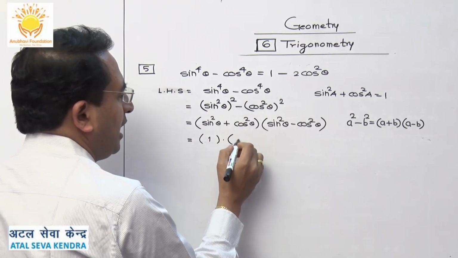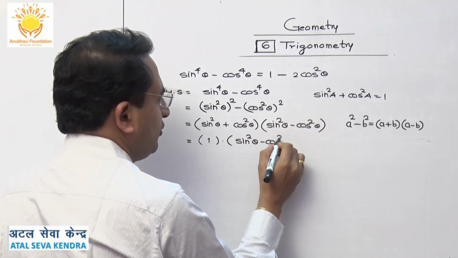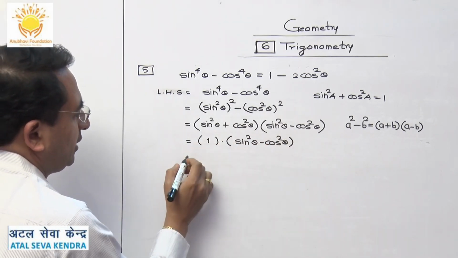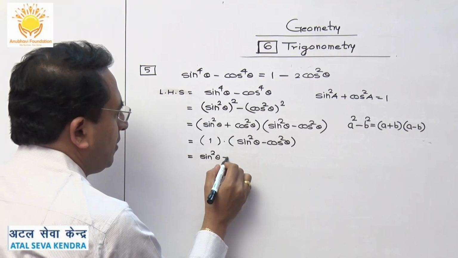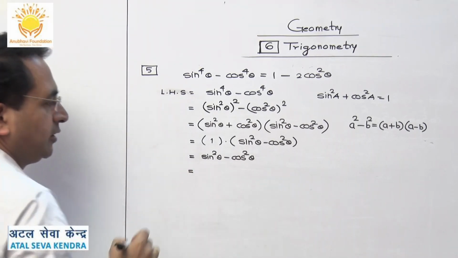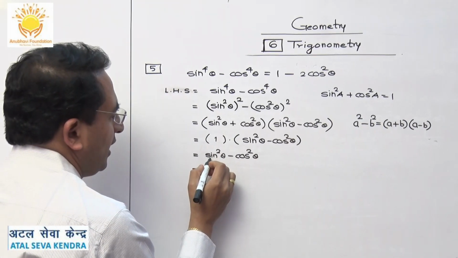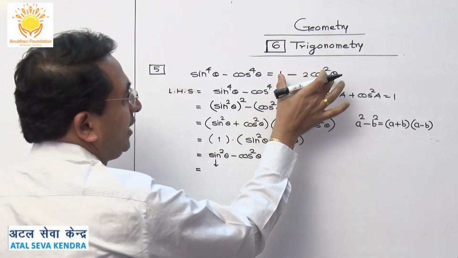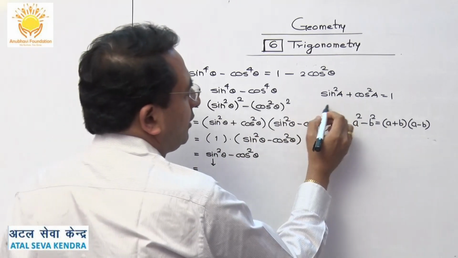Multiplied by sin square theta minus cos square theta, which we will not write anything as it is. Now multiplying this bracket by 1, the answer is definitely going to be sin square theta minus cos square theta. Now we want only cos square to remain in the sum, and that's why sin square we have to write.